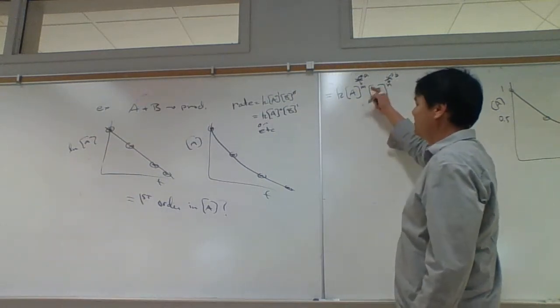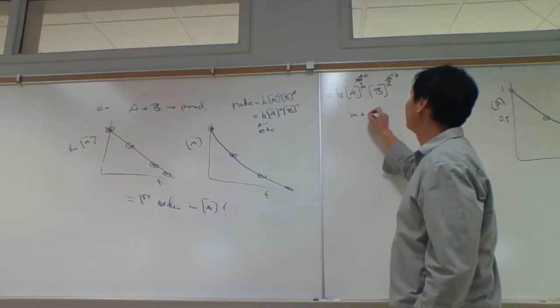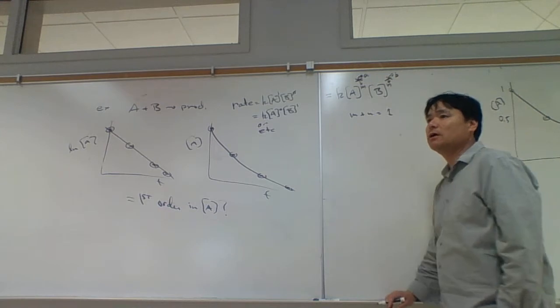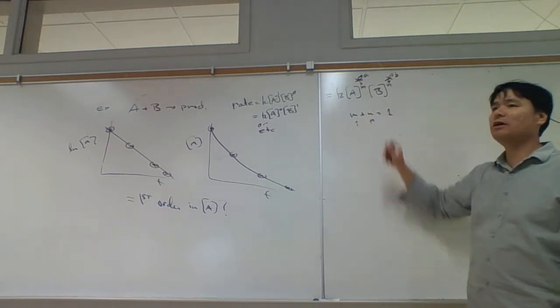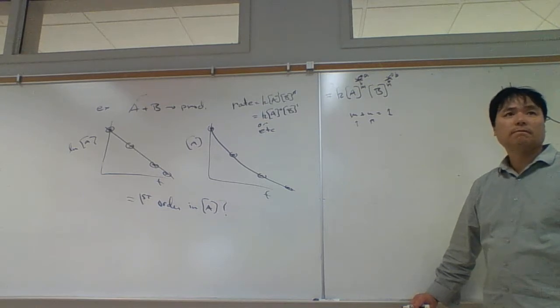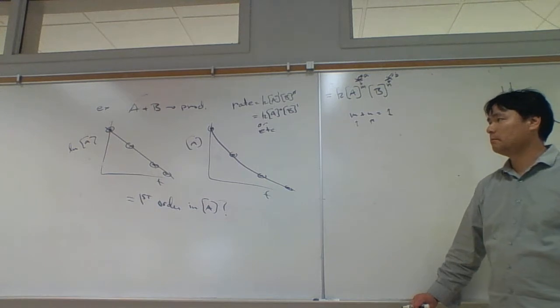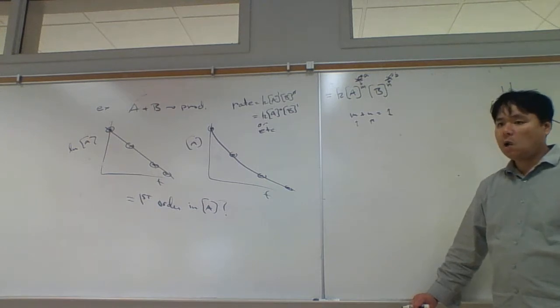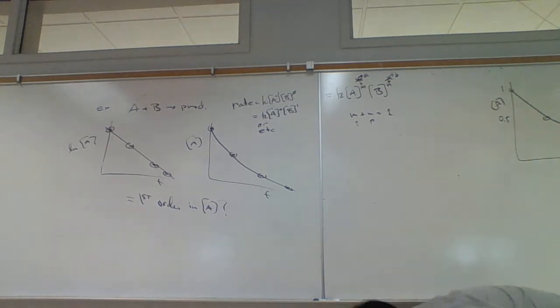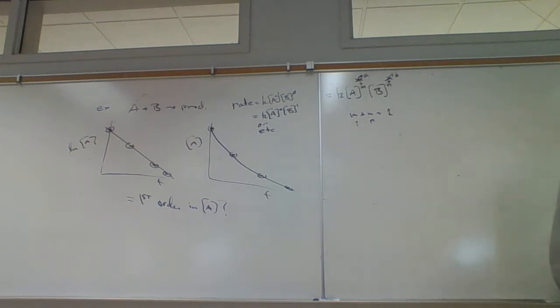And so we have two unknowns in one equation, but we know that m plus n must equal 1. How do we figure out what m is and how do we figure out what n is? Well, there's one way of figuring it out here, and this is what we did in lab.